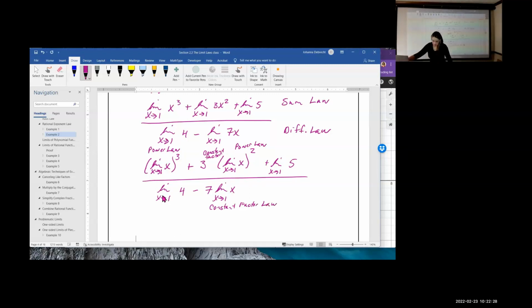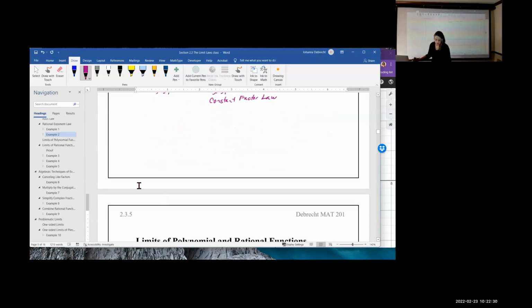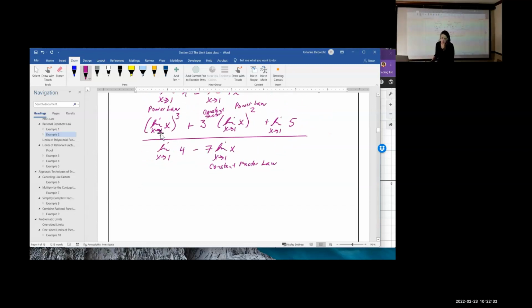And then the next thing I'm going to do is evaluate each one of them individually. So the limit as x goes to 1 of x is 1. So this gives me 1, then raised to the power 3, plus 3 times the limit as x goes to 1 of x is 1, raised to the power 2, then multiplied by 3. The limit of a constant is the constant.